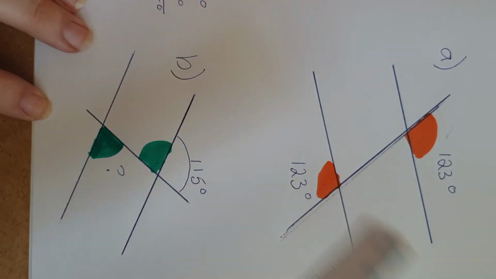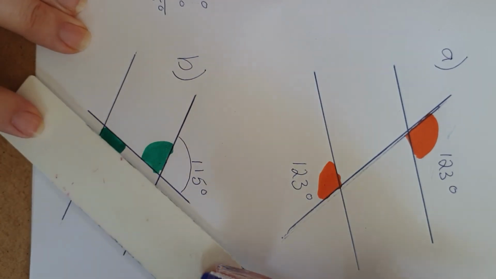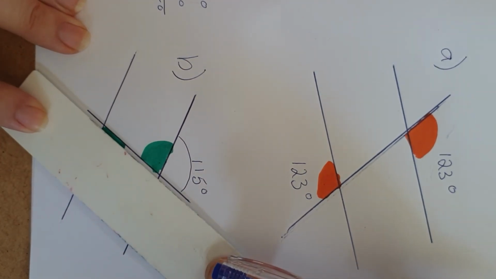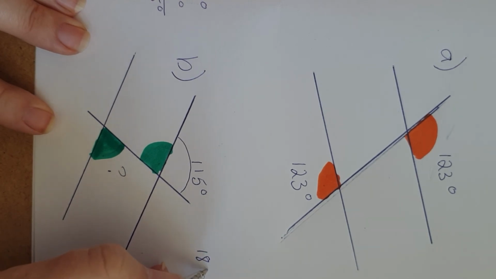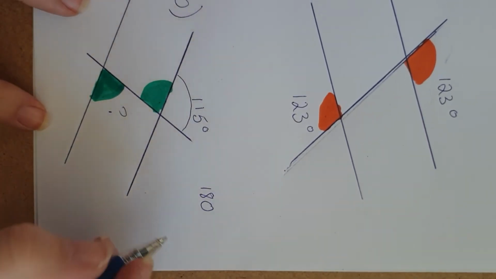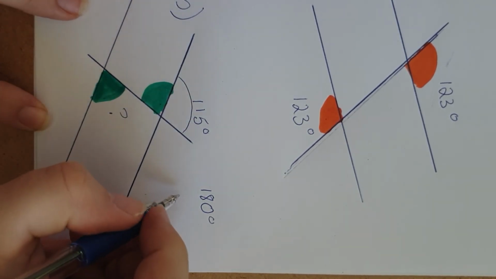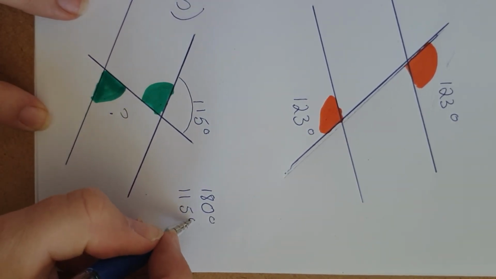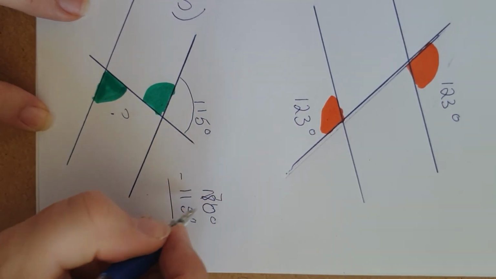Here we know that we have a straight line there. So we know we have 180 degrees. Again, just move that over so you can see where I'm writing. We already know that this angle here is 115 degrees. So we can subtract one from the other.